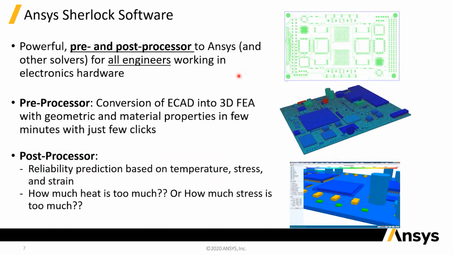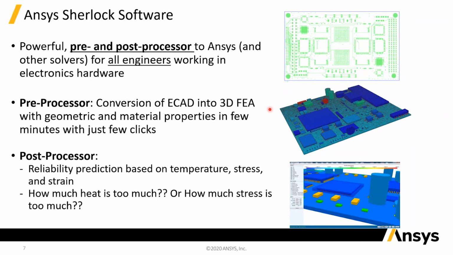And how it does all these things is by some powerful pre and post processor. When I talk about the preprocessor, it is basically the conversion of the ECAD that you get from your PCB design tool. The preprocessor converts that ECAD into a 3D MCAD, or mechanical CAD, that you can use for your reliability or failure analysis.